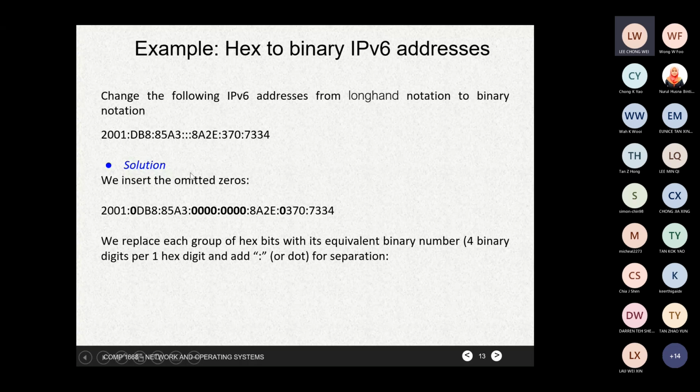In version 6, you use colon, colon, double dot, not a single dot. So also pay attention to that, because it's too easy and we might overlook it, and then you end up putting a single dot, which is wrong. It has to be a double dot.